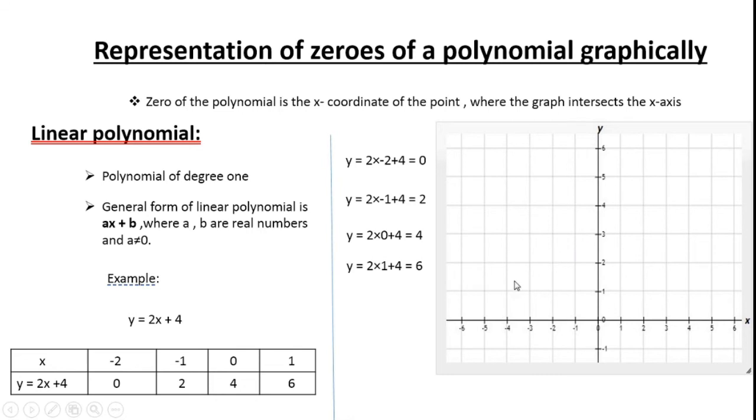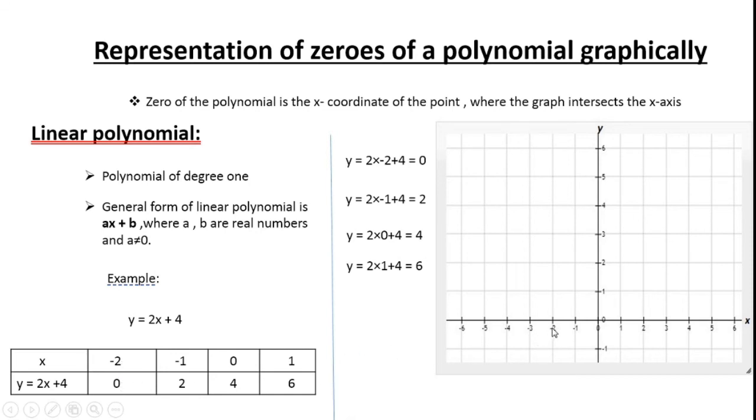To plot the graph, first we need to draw the x and y axis. See here, this is the x axis and this is the y axis. Then we can mark the units. Next, you have to find the values first. See here, the first value is minus 2, 0.